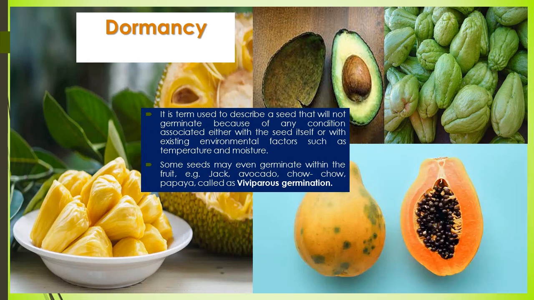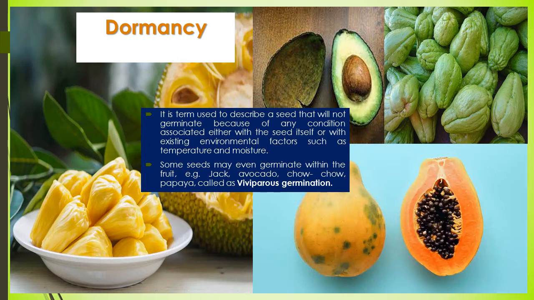Dormancy. This term is used to describe seeds that will not germinate because of any condition associated either with the seed itself or with existing environmental factors such as temperature and moisture.